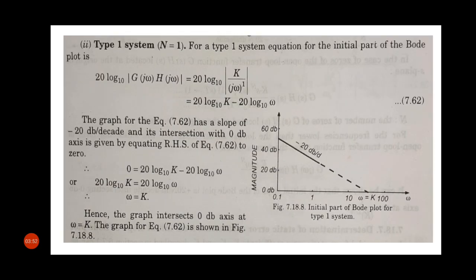Okay, now come to the type 1 system. Type 1 system means where n equal to 1. So for a type 1 system, the equation for the initial part of the Bode plot is 20 log 10 mod of g(j omega) h(j omega), and this is equal to 20 log 10 mod of k divided by (j omega) to the power 1.